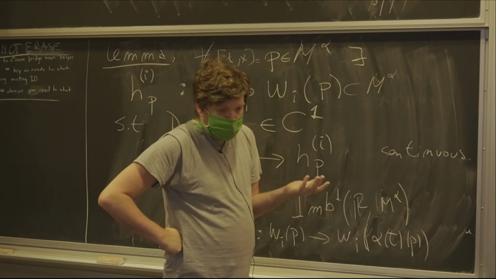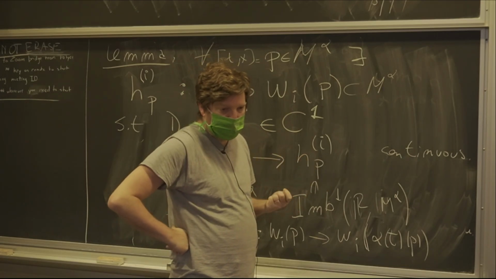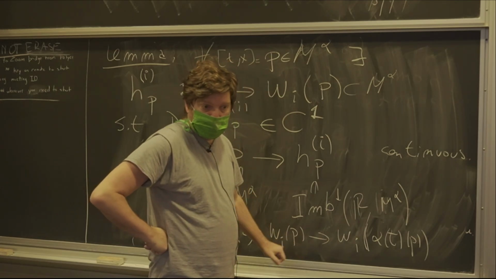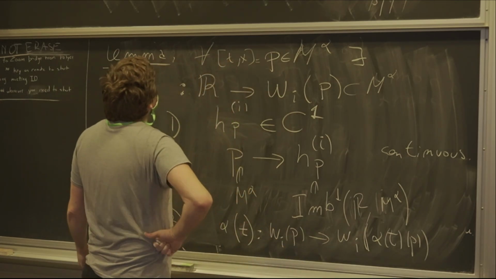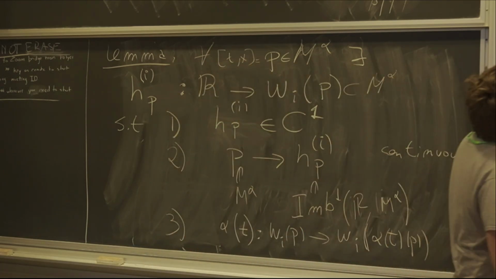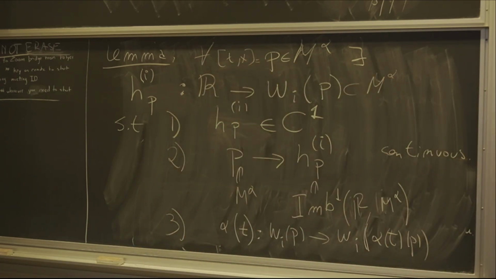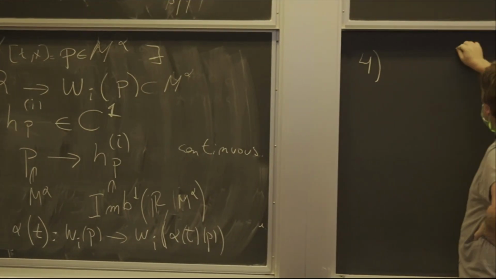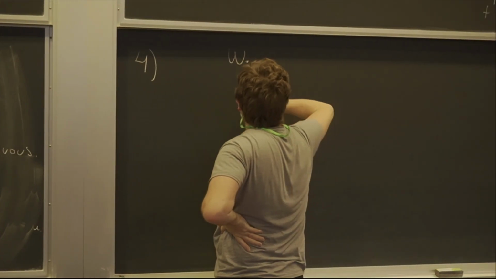So this HP is some sort of charge, if you want, for the Wi manifold, and I'm going to tell you how this looks on coordinates. So 4, let me do the diagram, and then I write it explicitly.